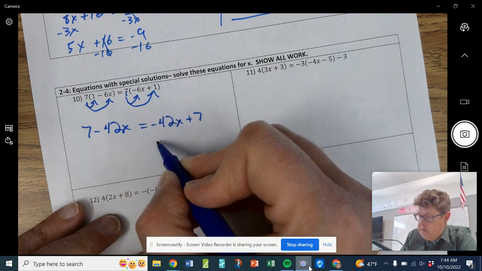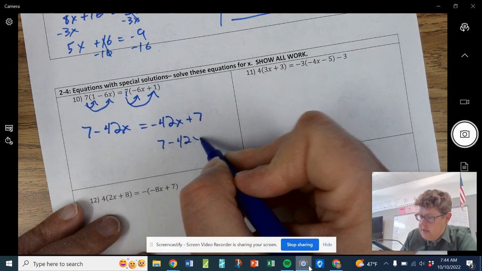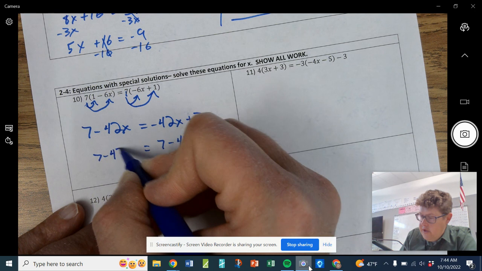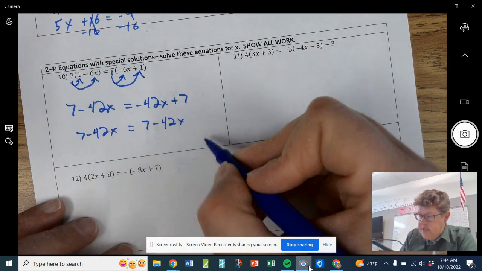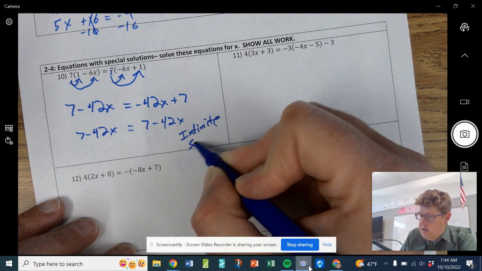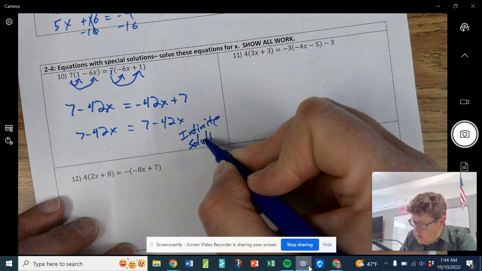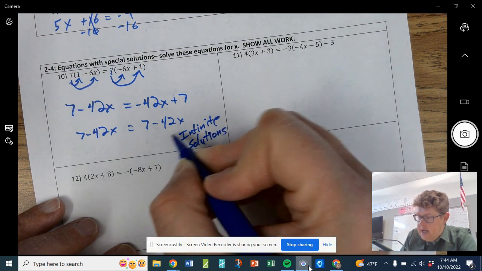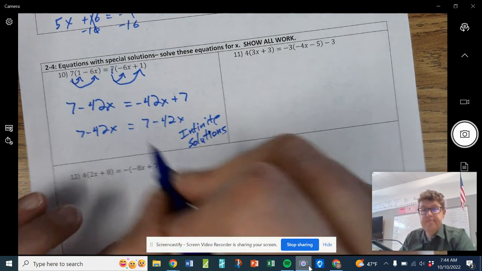You can rearrange this if you want to 7 minus 42x. And so whenever you have the same thing on both sides, that's going to give you infinite solutions. Basically, any number that you plug into this is going to give you the same on both sides.